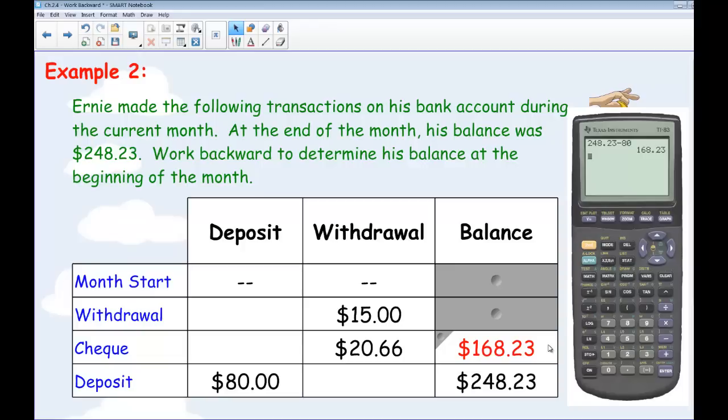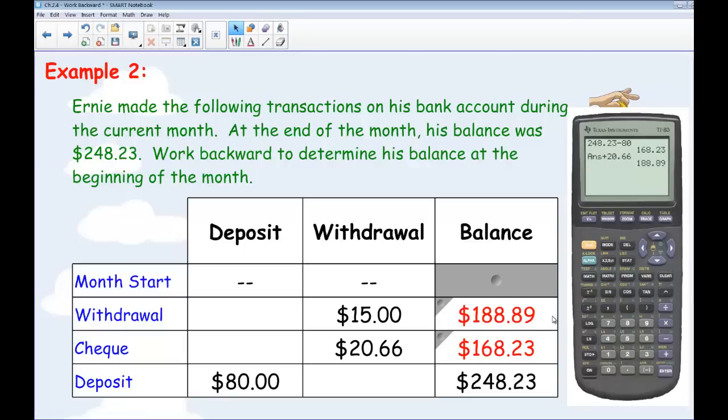Now, prior to that, there was a check for $20.66 that was made. A check is really like a withdrawal. So this time, I'm going to add $20.66, which brings me to $188.89.